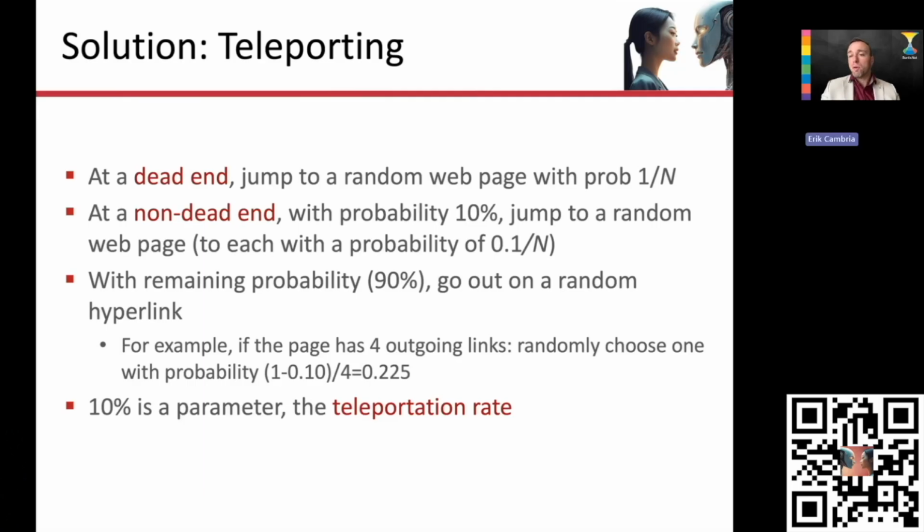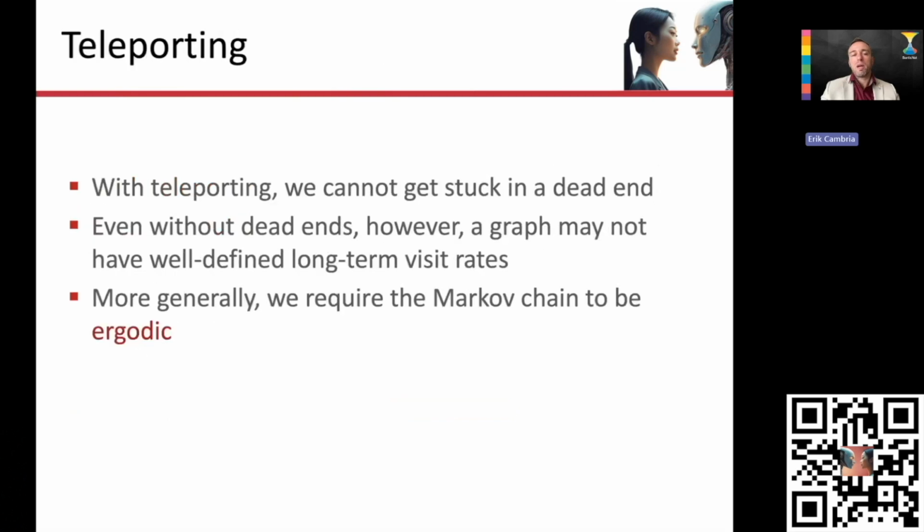At a leaf node or dead end, I will have this teleporting probability that allows me to jump to any other part of the graph, and on other links, I will still have the probability given by the links plus this teleporting rate, because once again, at any page, I can either follow the link or jump to any other page.